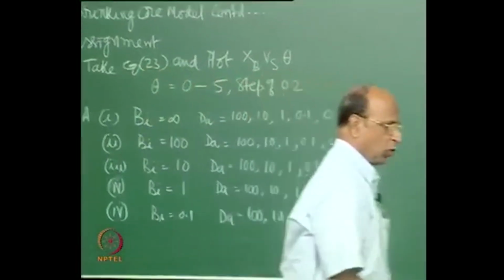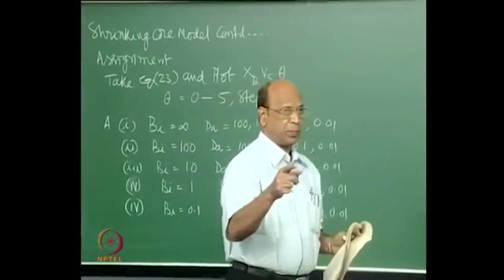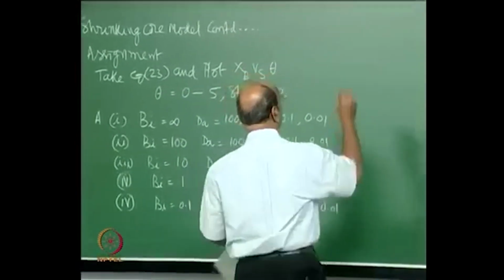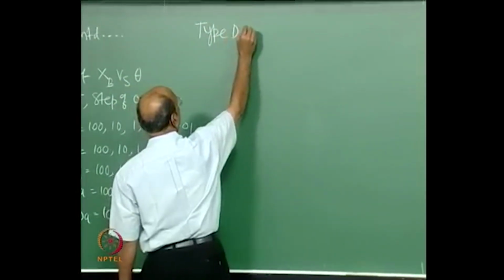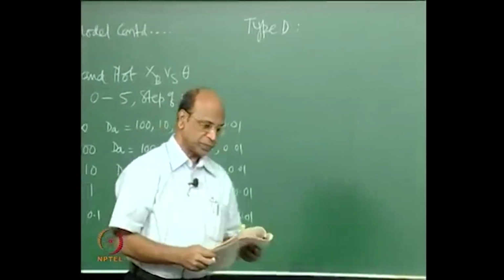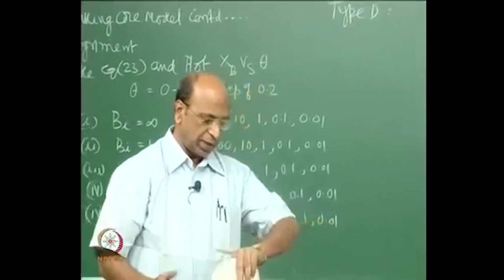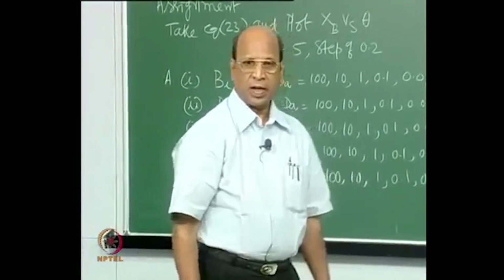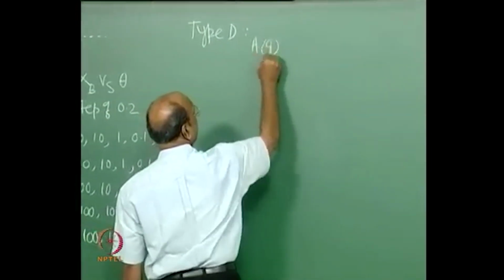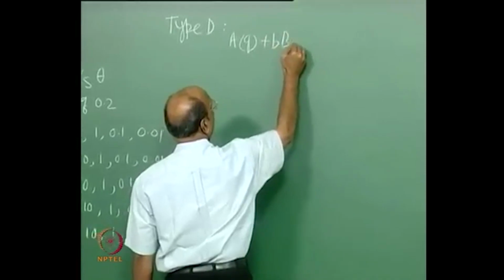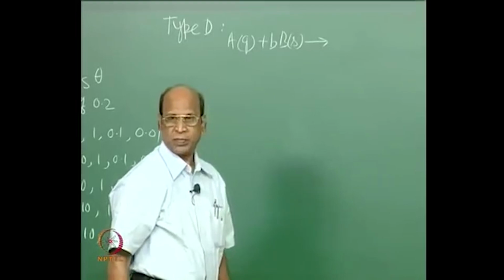Okay. So, after this, what we have to do is one other type of reaction, type D reaction. If you have notes, can you tell me what is type D reaction? We will derive an equation for type D reaction. So, this will be A gas plus B solid going to gaseous products, right.